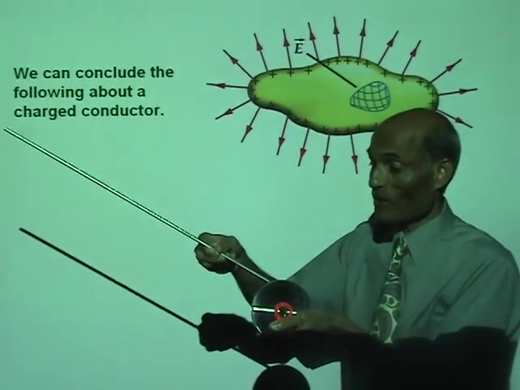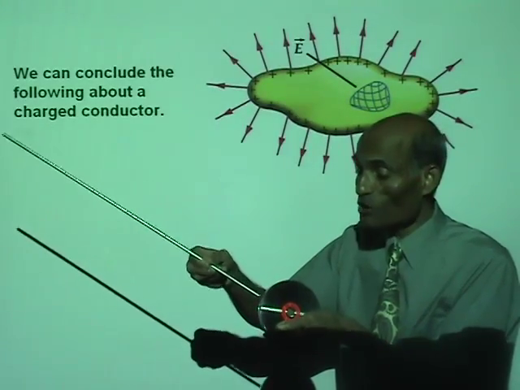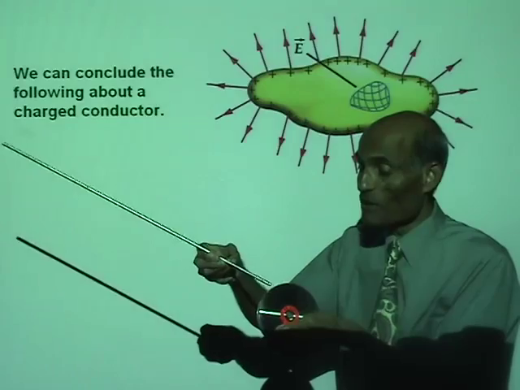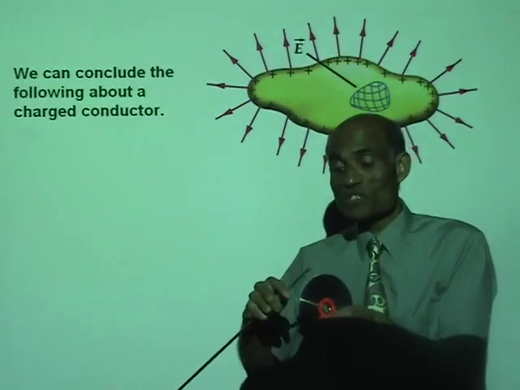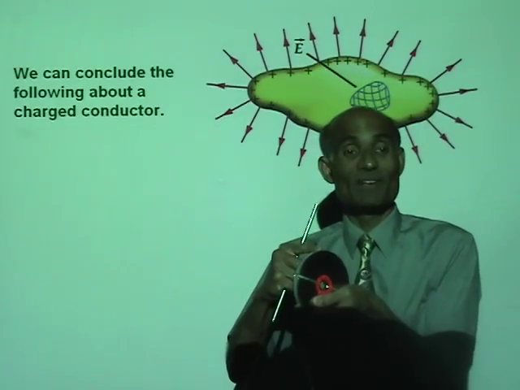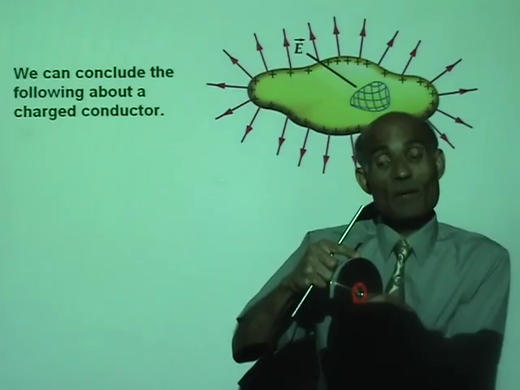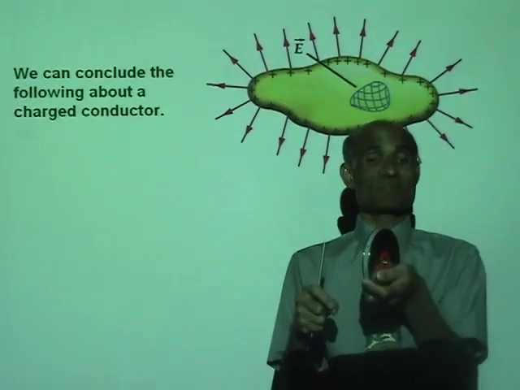If it is at an angle like this, there will be a component of that field along the surface and a component at right angles. Now remember, if there is a component of the electric field along the surface, that electric field will make the electric charges to move on the surface.